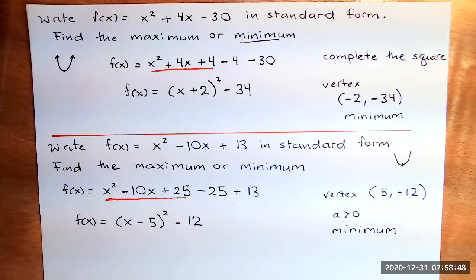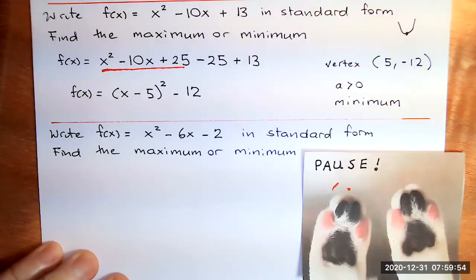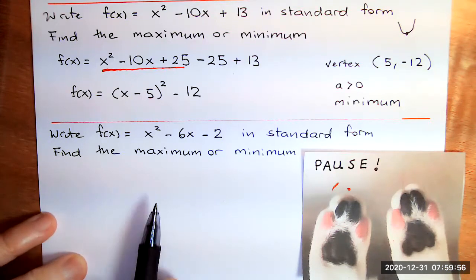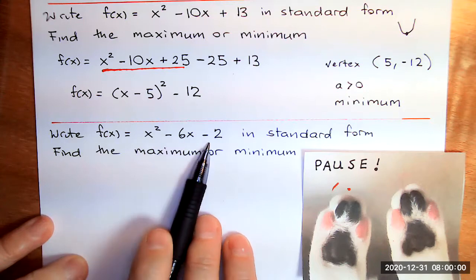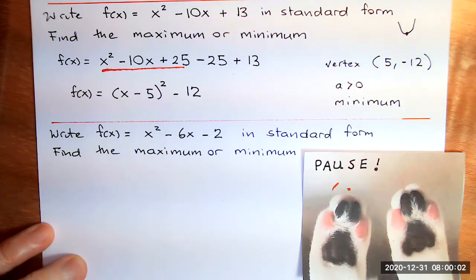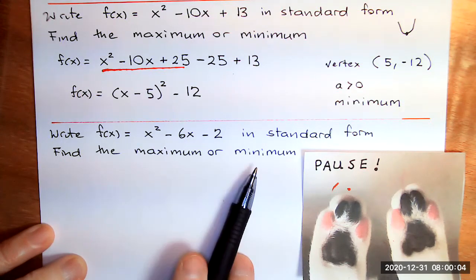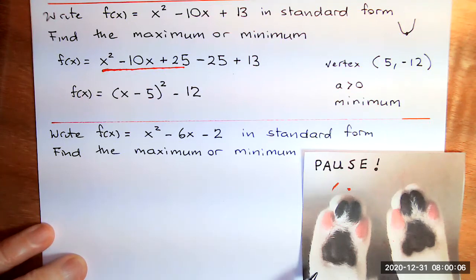Let's just try one more. All right, write f of x equals x squared minus 6x minus 2 in standard form. Find the maximum or minimum. I would definitely try this one on your own.